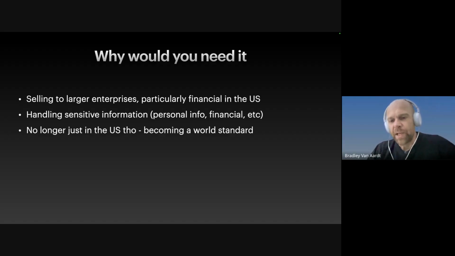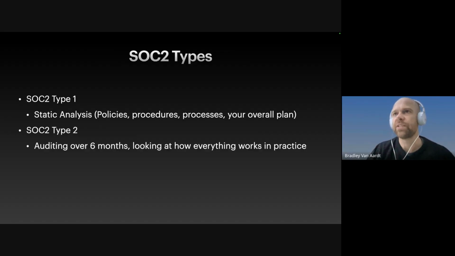The easiest way for them to prove that their supply chain is also compliant is just to ask all their suppliers to supply a SOC 2 to them. So it trickles down the chain pretty quickly, and soon enough, everyone has to do a SOC 2 or equivalent. But SOC 2 is generally the standard that you'll be hitting in the US at least.